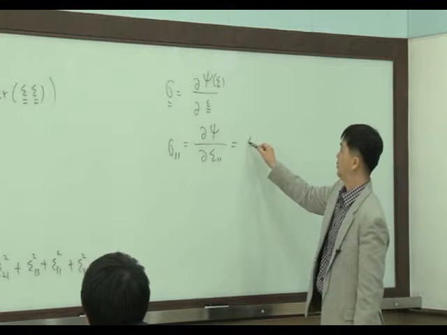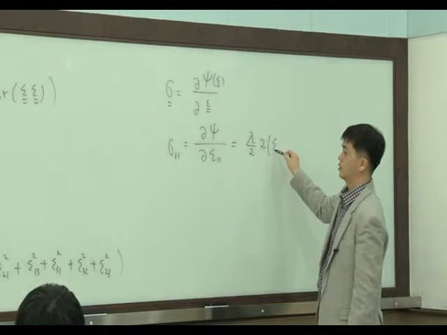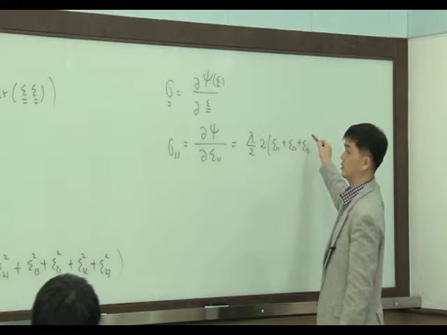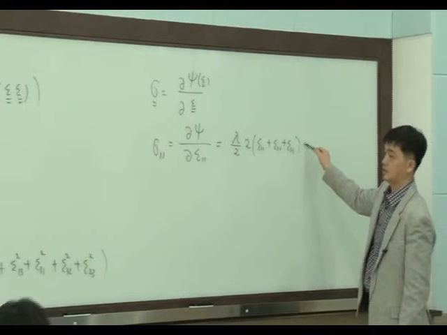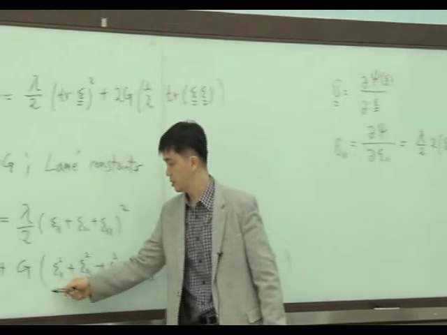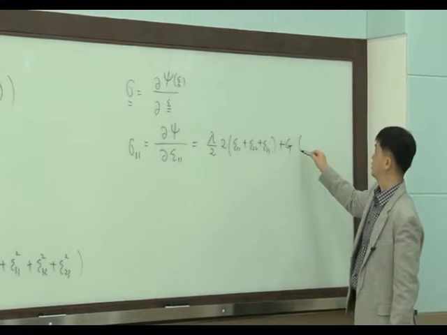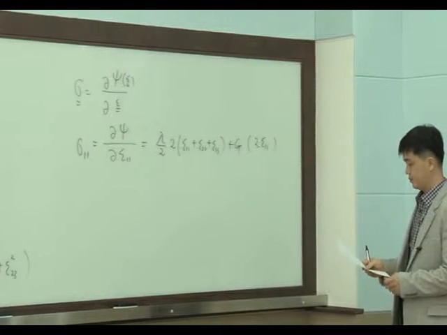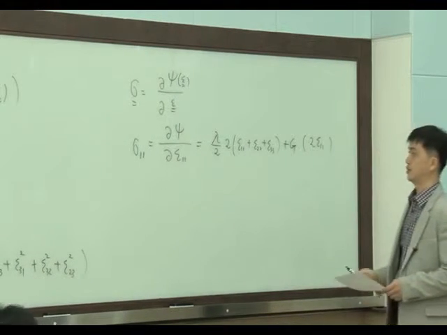Lambda over 2 times 2 times E11 plus E22 plus E33, right? And plus G, strain 11 here, and 2 strain 11. This is stress 11.